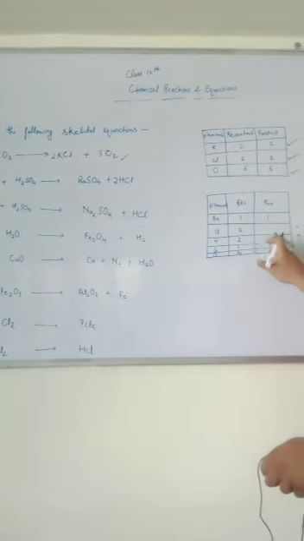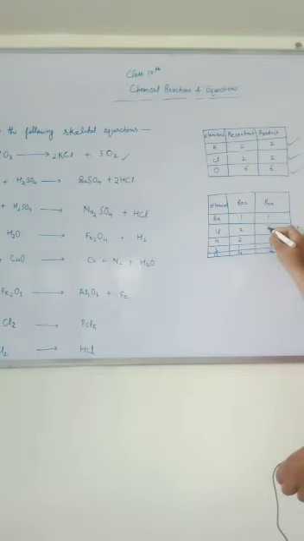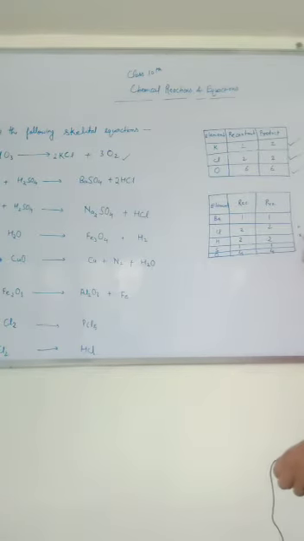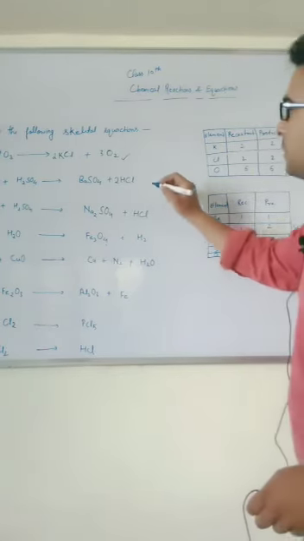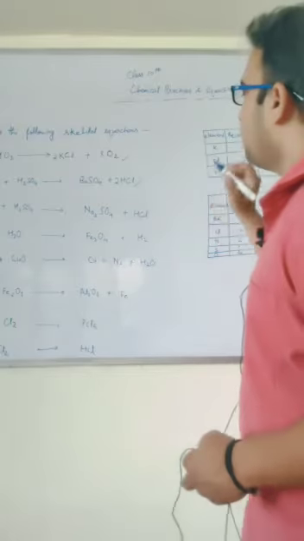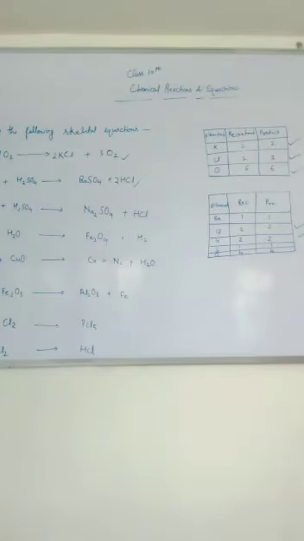So on the product side, chlorine has 2 atoms and hydrogen has 2 atoms. In this way the complete equation is balanced.